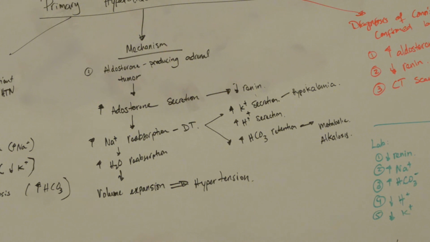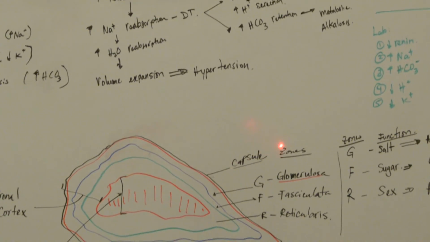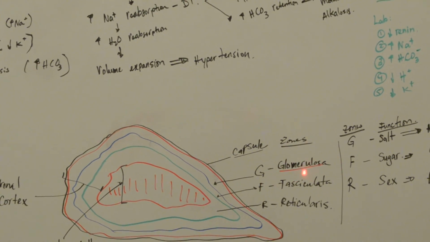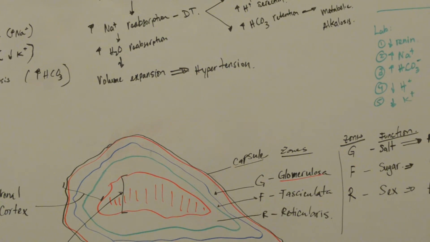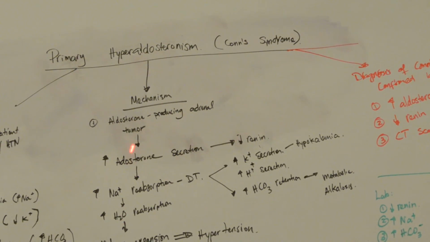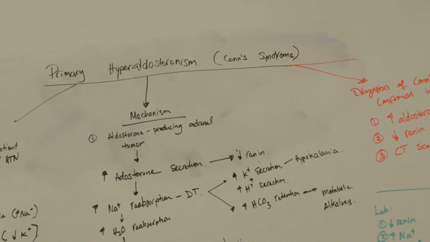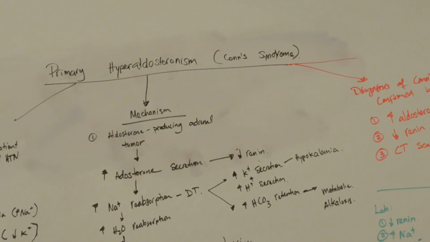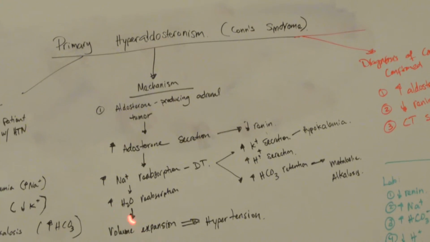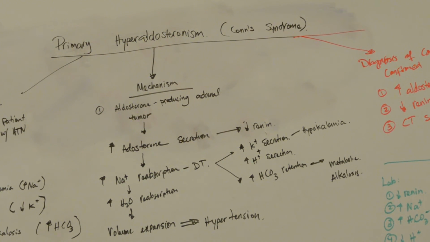When the body senses a decrease in blood pressure or volume, the body will secrete renin. Renin will act on the adrenal cortex, specifically the glomerulosa, to stimulate it to secrete aldosterone. Aldosterone will go through the same mechanism, increasing the reabsorption of sodium and water. Volume expansion will lead to an increase in blood pressure.